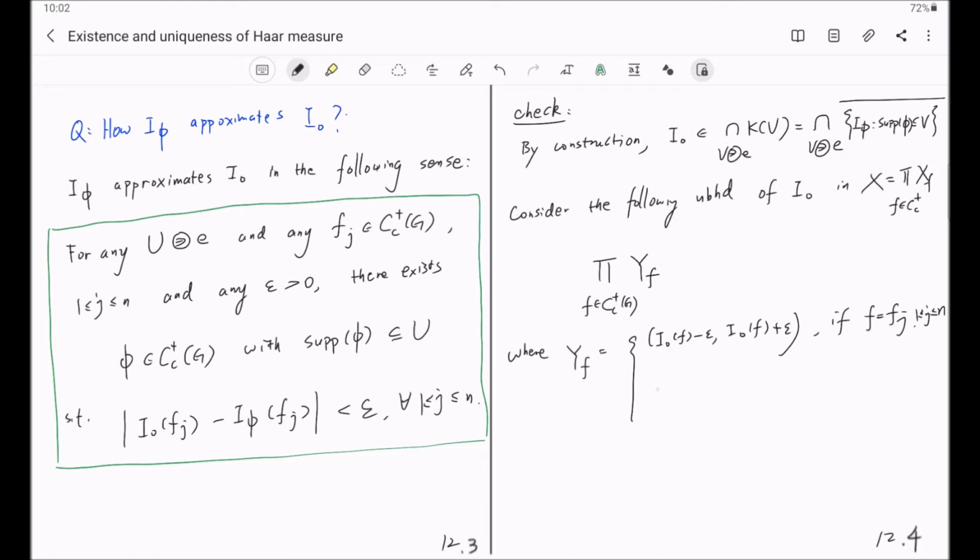And the second case, Y sub F will be equal to the whole space X sub F if F is not in the set of functions F1 to Fn. This infinite product of Y sub F is really open by the definition of product topology on this infinite product space.